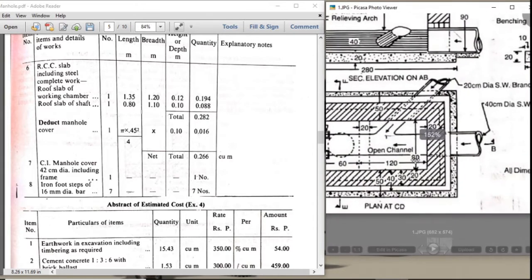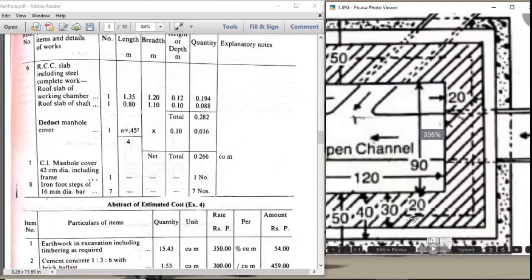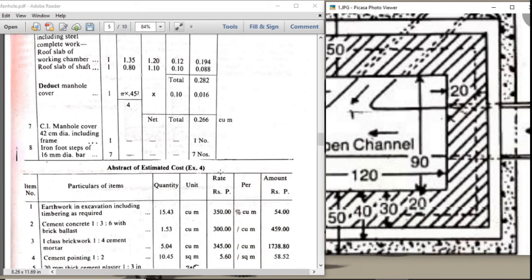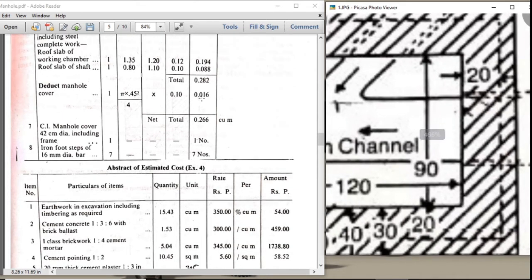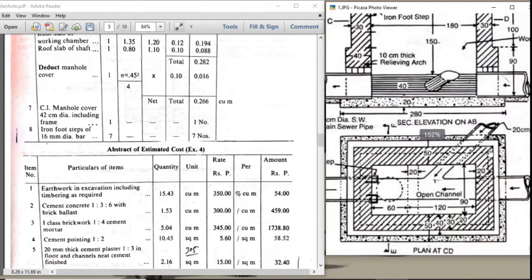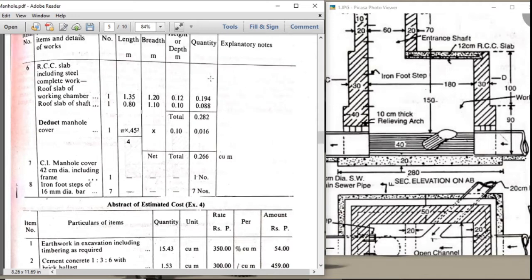Here comes 90 plus two short walls. So here it will go inside by 15 centimeter, and here it will go inside by 15 centimeter. This is a 30 centimeter wall. Both sides: 90 plus 30 by 2 plus 30 by 2. Okay, so now we get 1.35 into 1.20 into height 12 centimeter. They have given 0.12. After multiplying, we will get 0.94.